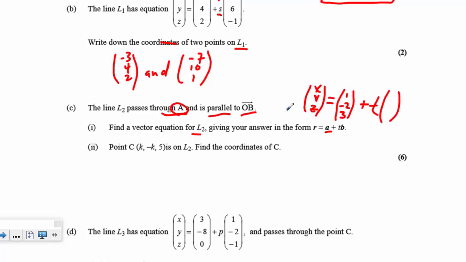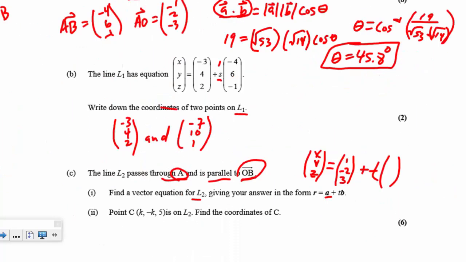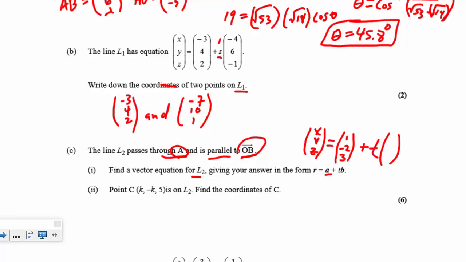I need the vector equation for OB, which is actually the same thing as the point vector B itself, and I'm going to put that in my directional vector. Alright, so here's B, which is -3, 4, and 2. Very well.